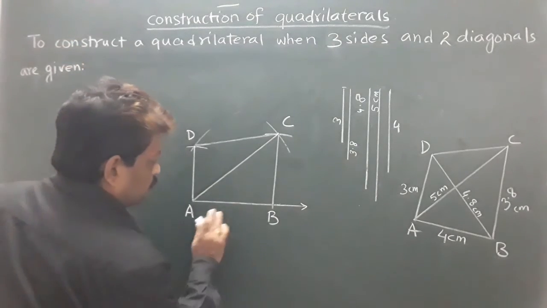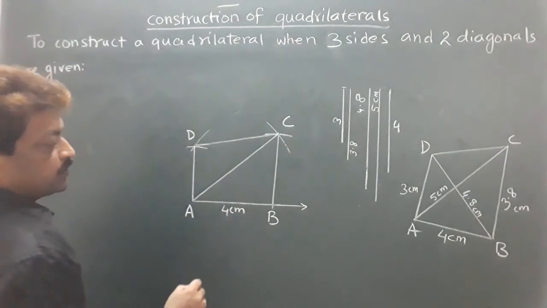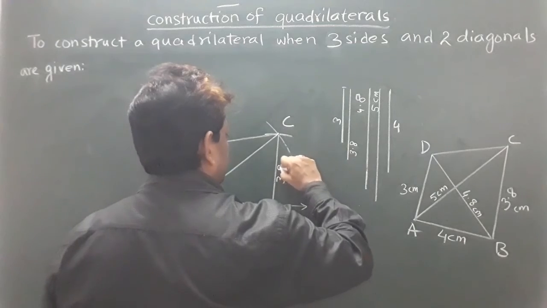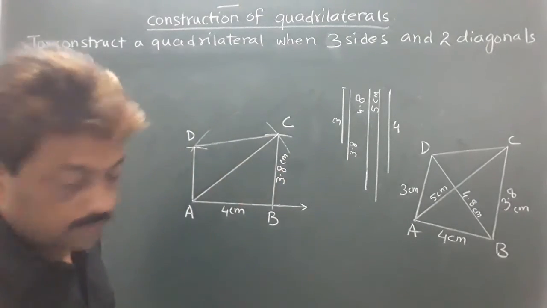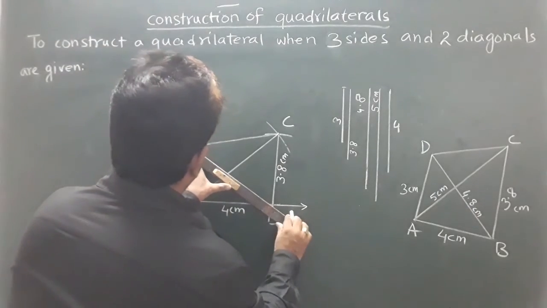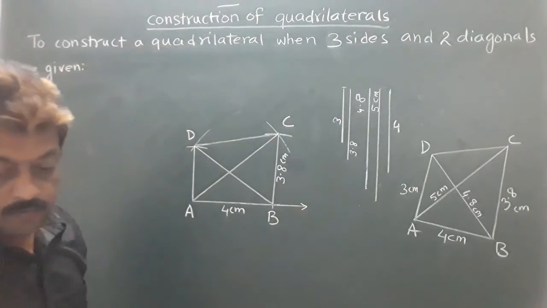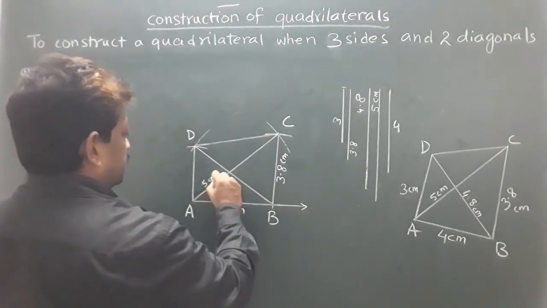So here we must write down the values. The measurement AB is 4 centimeter, BC is 3.8 centimeter. We have to join the diagonal BD also. The diagonal AC is 5 centimeter, write it over here.